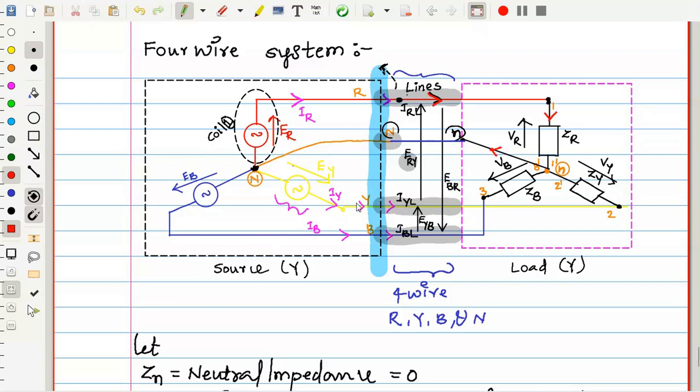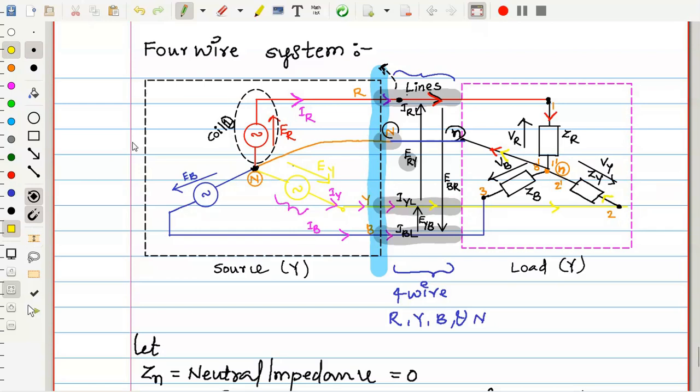Similarly, the Y phase current also flows through the line, through the Y phase load, and reaches the neutral. It goes through the neutral in reverse to the source.